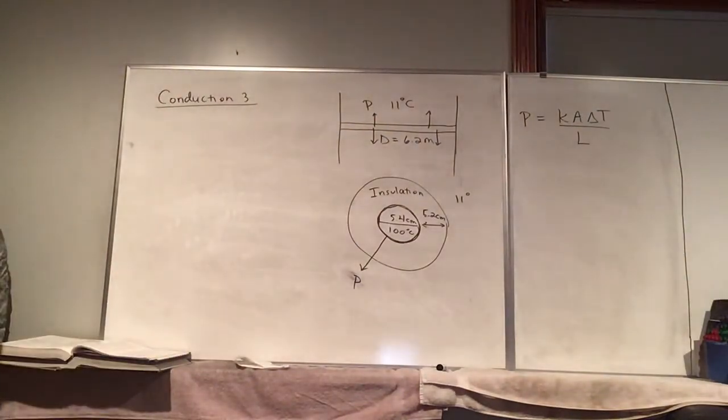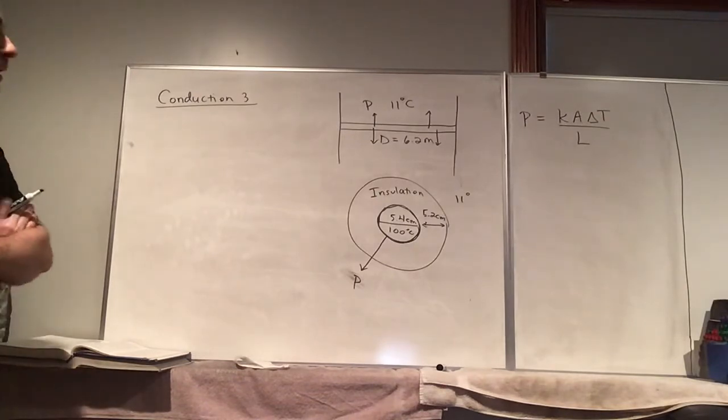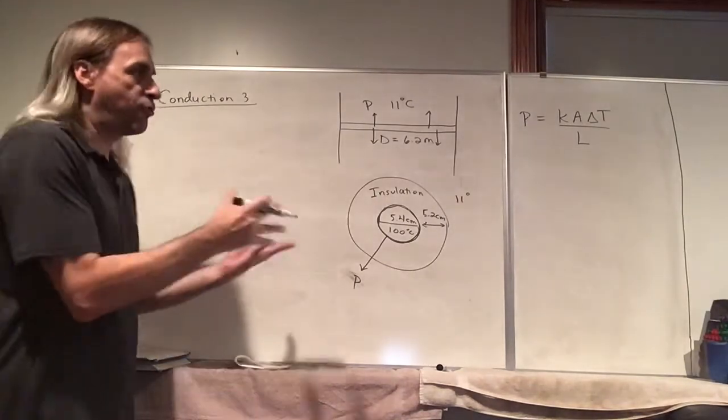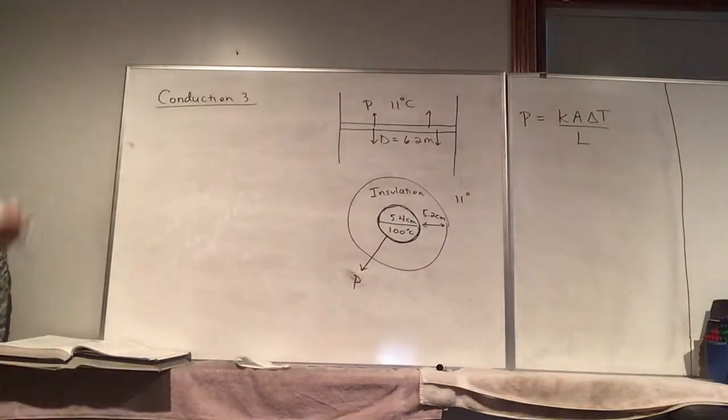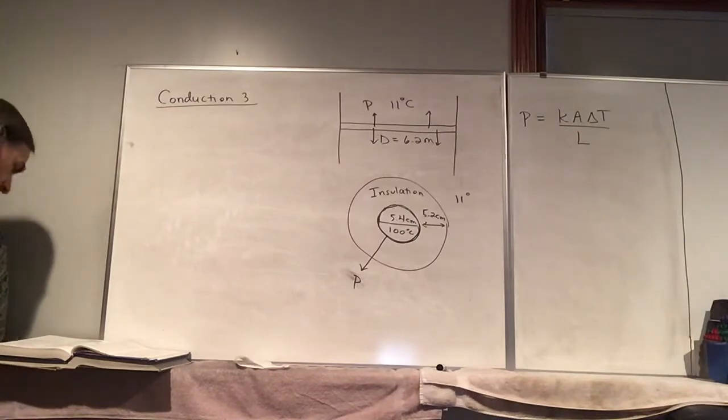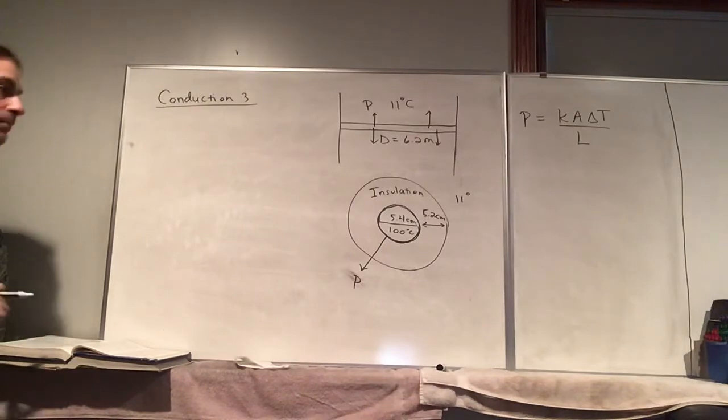Now, we have a little bit of a problem with applying this formula the way it's written, though. Because let's say we just tried to apply this formula. K, the insulation, well, say we know what that is. It's 0.048.